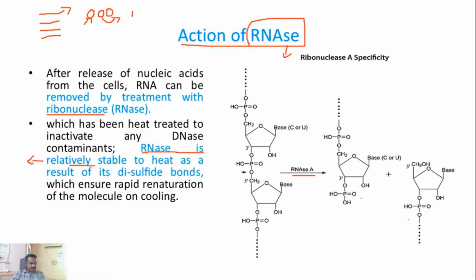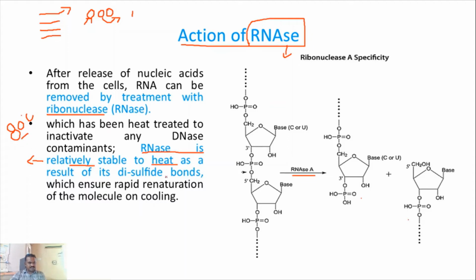Moreover, RNase is relatively stable against heat, so the reaction mixture may go up to 80 degrees centigrade and the RNase stays stable.